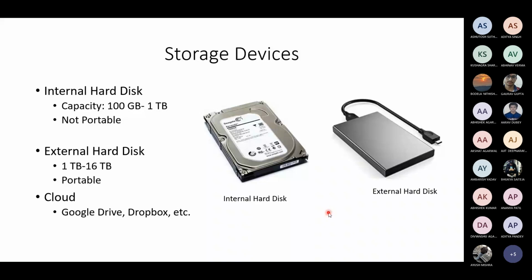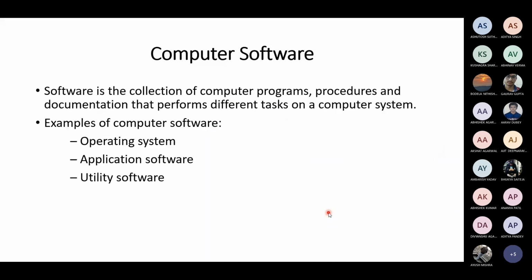Computer software is a collection of programs, procedures and documentation that performs different tasks on a computer. A few examples are the operating system, application software and utility software. You already wrote computer programs in your first year C programming, but those were designed for simple assignments and simple applications.